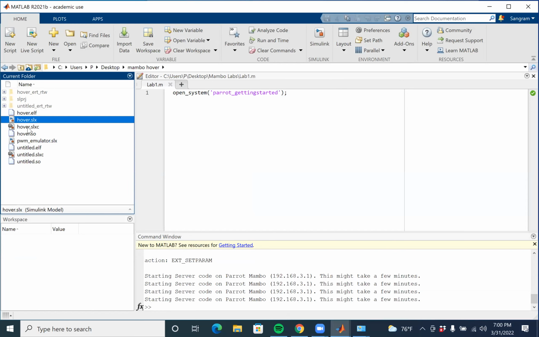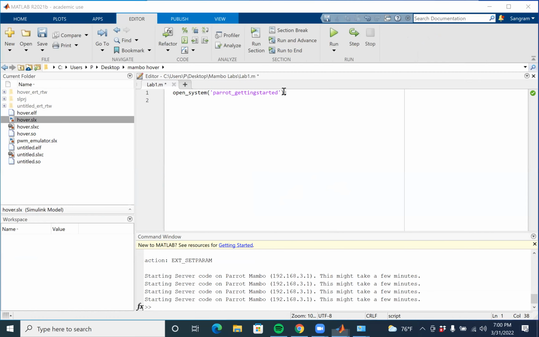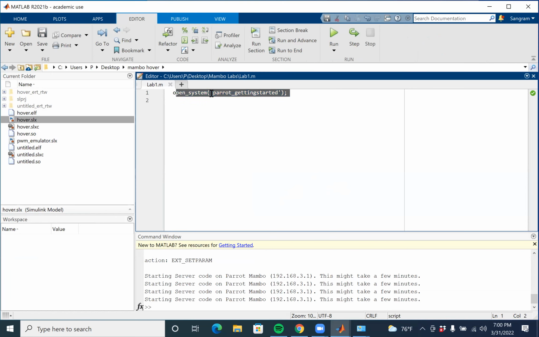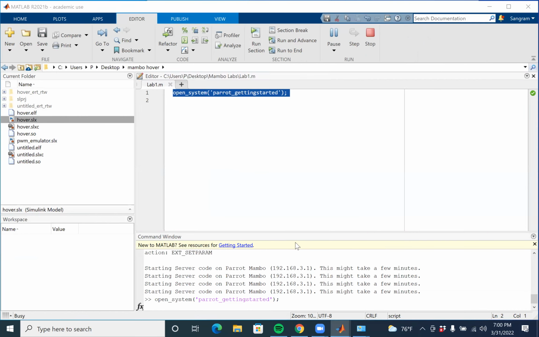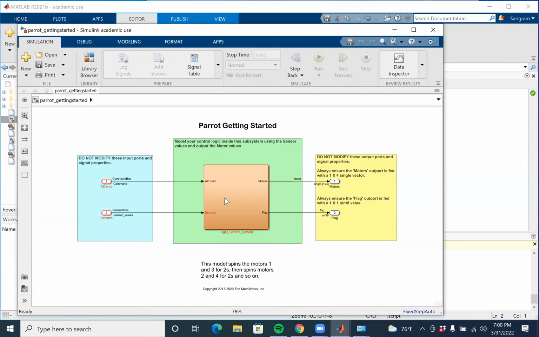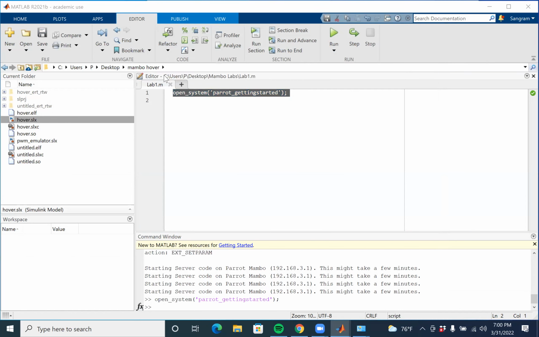So I think it's in here. Let me see if I implemented a complementary filter here. Oh no, I didn't implement a complementary filter here. Where did my complementary filter go?